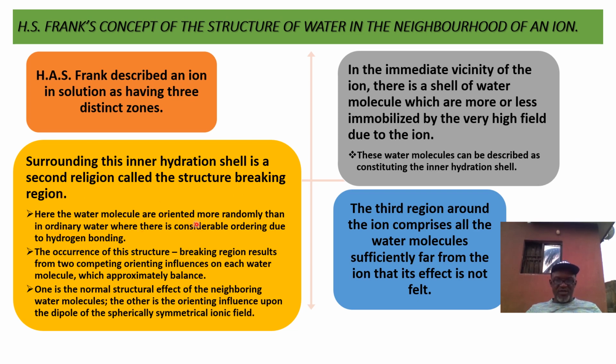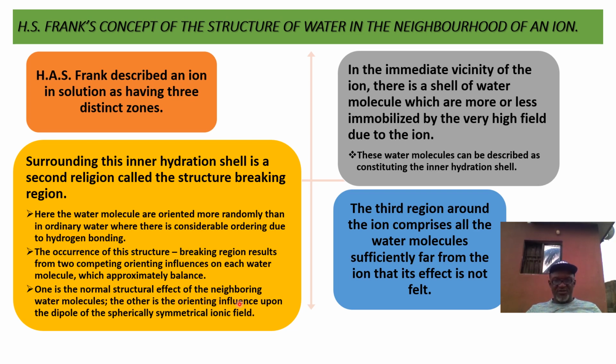Here, the water molecules are oriented more randomly. In ordinary water, where there is considerable ordering due to hydrogen bonding, the occurrence of this structure breaking region results from two competing orienting influences on each water molecule, which approximately balance each other. One is the normal structural effect of neighboring water molecules.